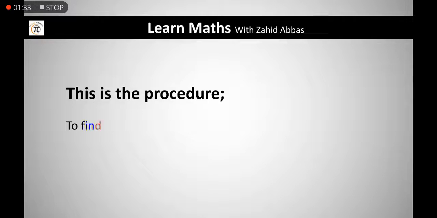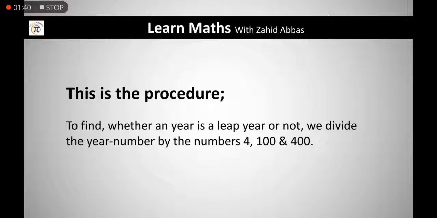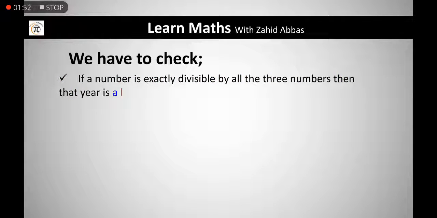This is the procedure. To find whether a year is a leap year or not, we divide the year number by the numbers 4, 100 and 400. We have to check: if a number is exactly divisible by all the three numbers, then that year is a leap year.